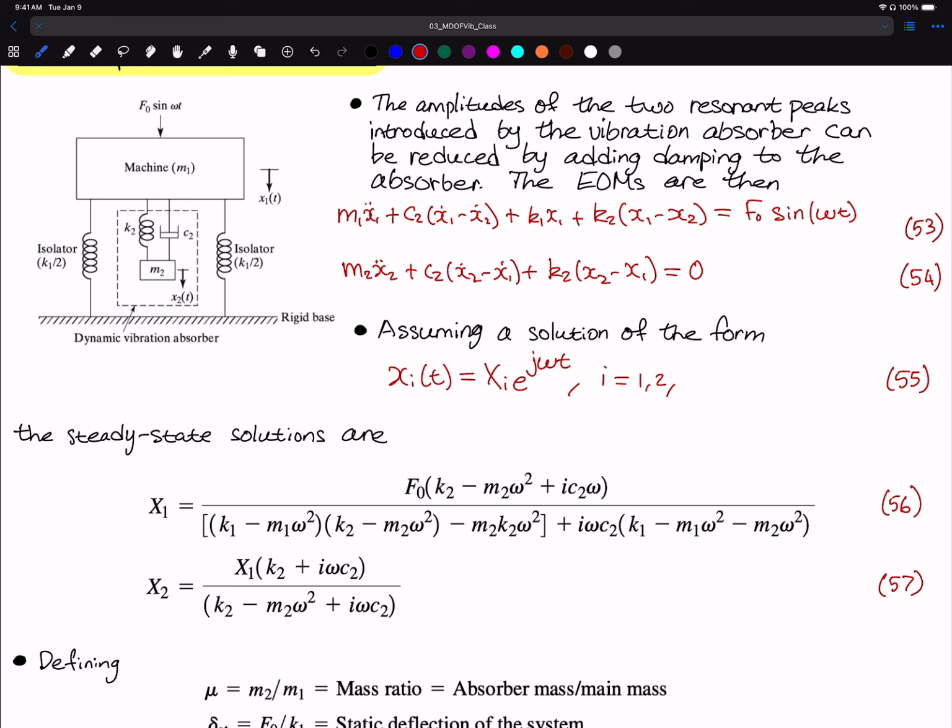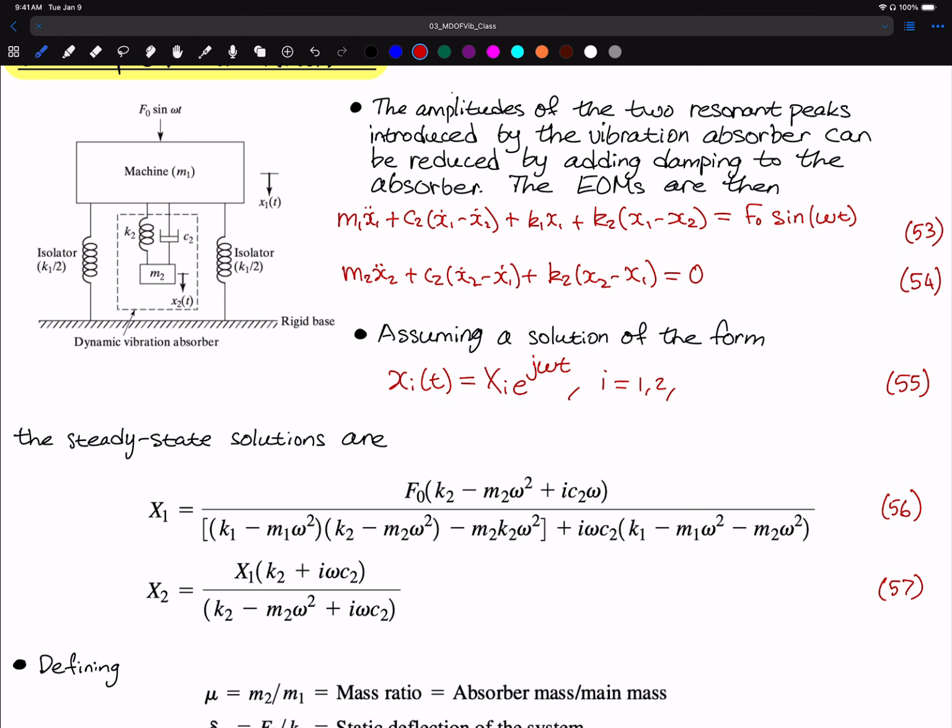And then from there we can compute steady state solutions, which I've already done below. I'm taking this from the book that I was reading for this, and you can see that these are now complex. This i here, which kind of conflicts with the index, is the square root of minus 1.